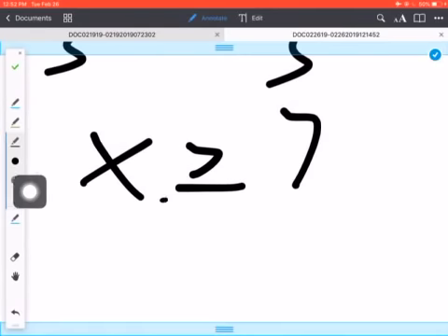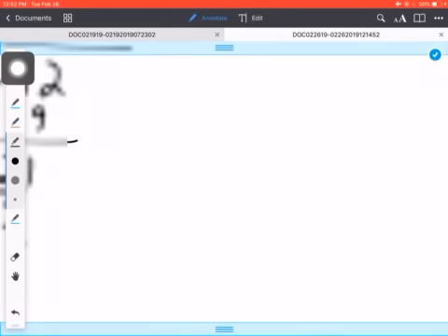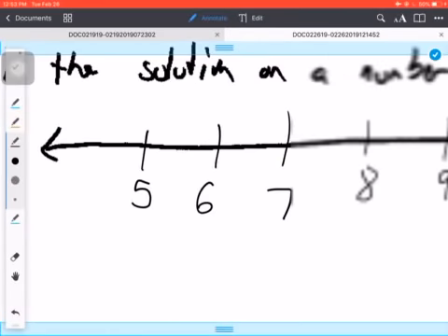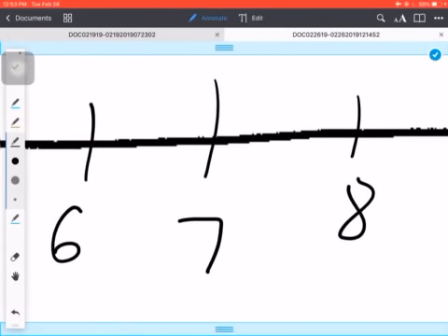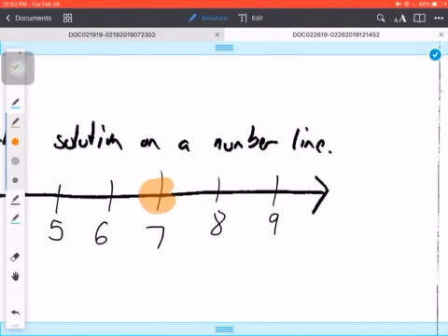This is greater than or equal to, which means that my circle starting at 7 will be filled in. And because it's greater than or equal to, that means it's going to be numbers greater than 7. So I'm going to have an arrow pointing off in this direction here.